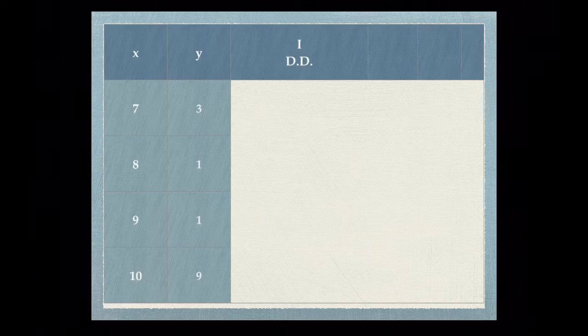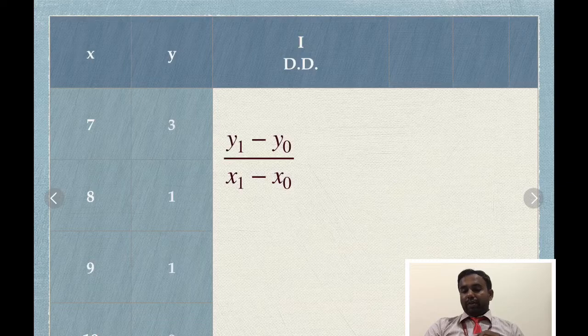Now, to find the first divided difference column, as per the formulation, we have y1 minus y0 divided by x1 minus x0. What does it mean?